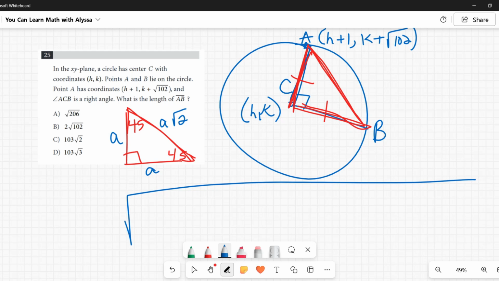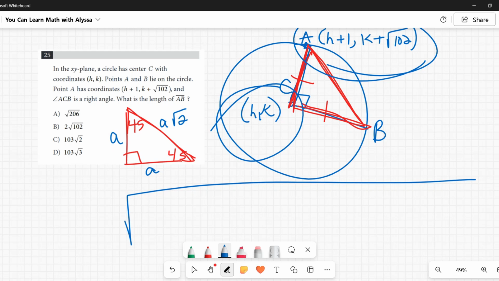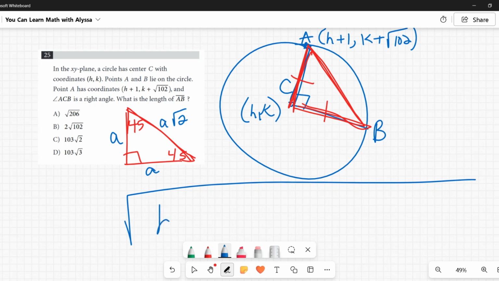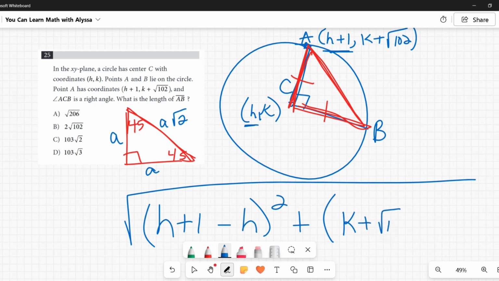All right, so first I'm going to take the coordinates for point A and subtract the coordinates for point C. So (h + 1 minus h) squared, the x coordinate for A minus the x coordinate for C squared, plus (k + square root of 102, that's our y coordinate for A, minus the y coordinate for C, which is k) squared.